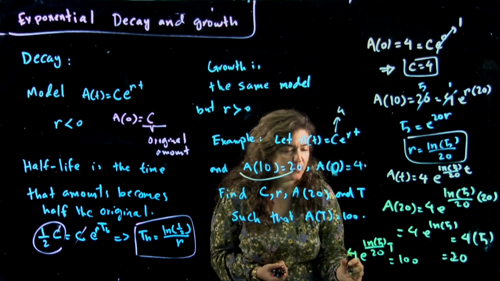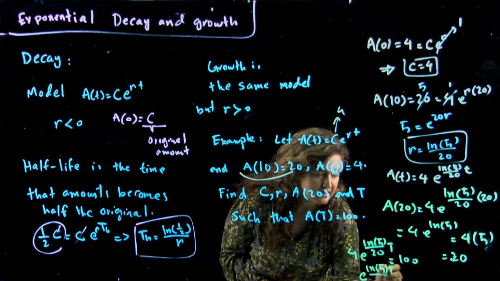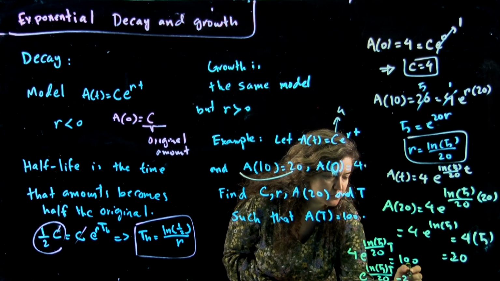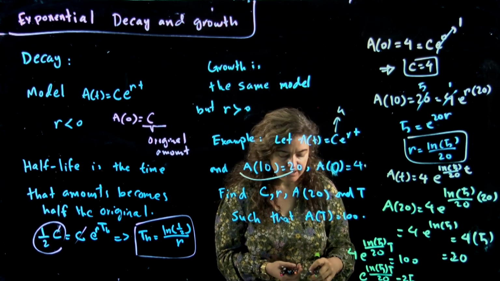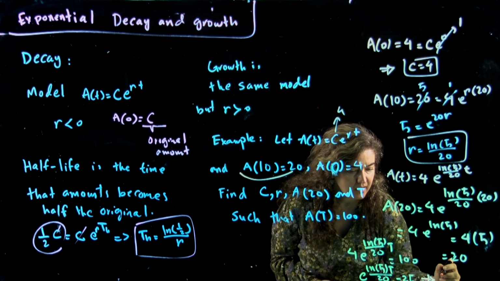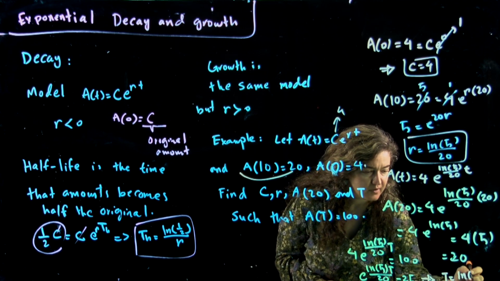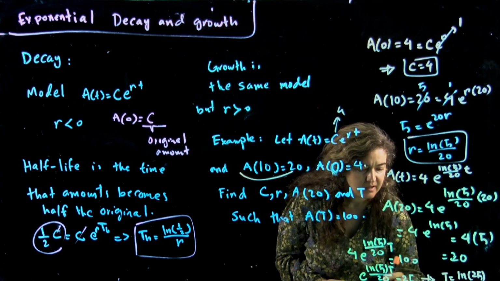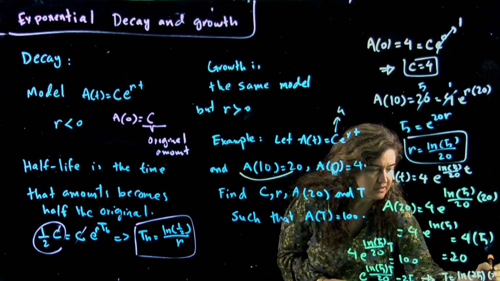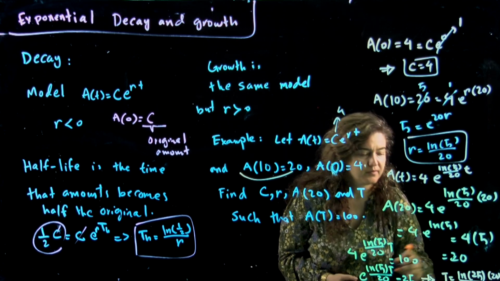Simplify to solve for t, and that would be e to the power ln of 5 t divided by 20 is equal to 25. Take ln of both sides, and we get t is equal to natural log of 25 times 20 divided by natural log of 5.